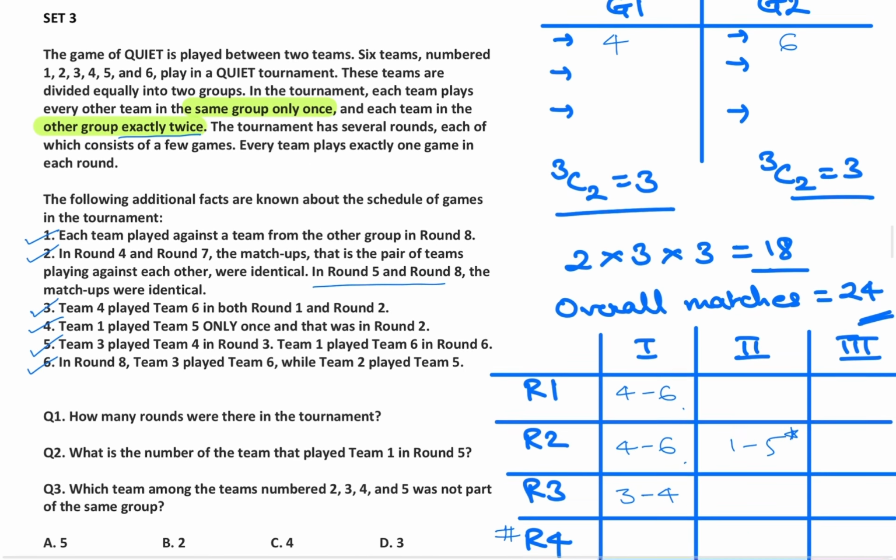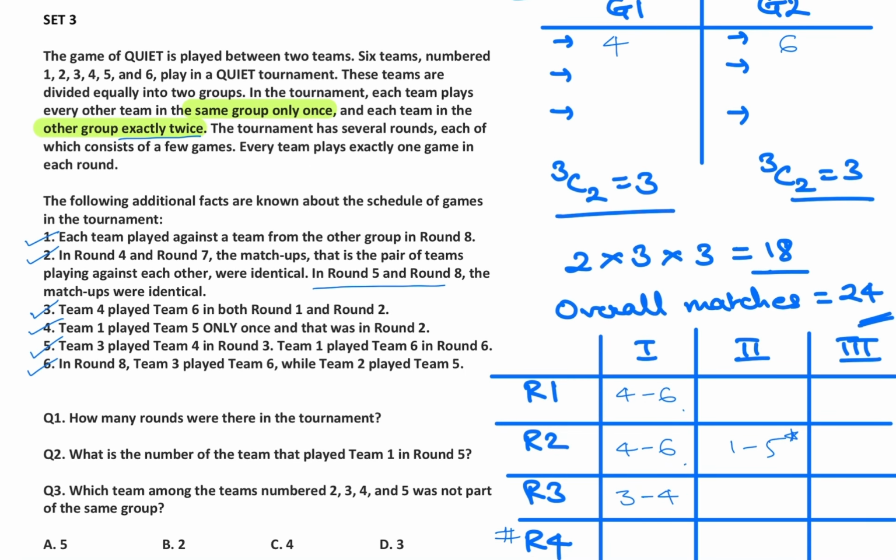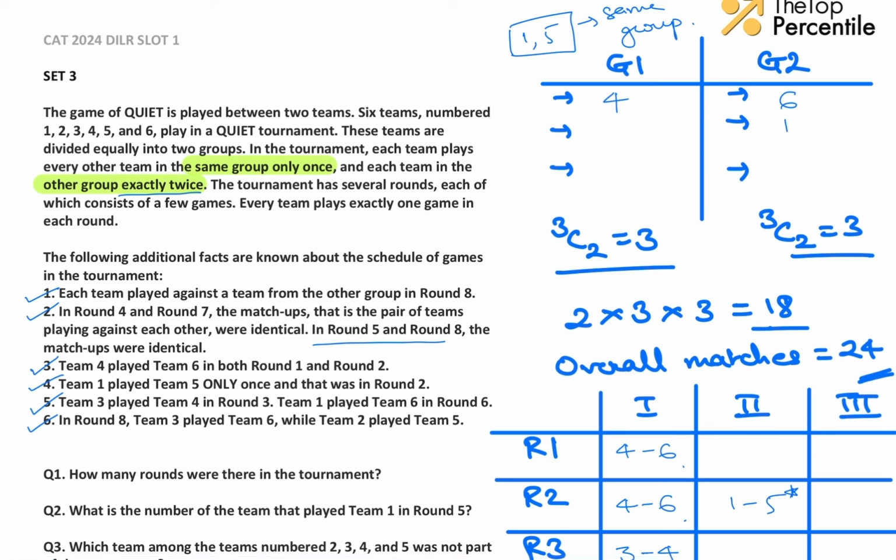So, I have 4 here. I know 1 and 4 are from different groups, so this means that 1 will be here. Here I have already written that 1 and 5 are from the same group, so this means my third team will be 5. All I am left with is team number 2 and team number 3. So I have completed my groups table here.